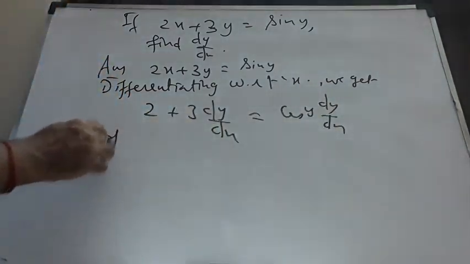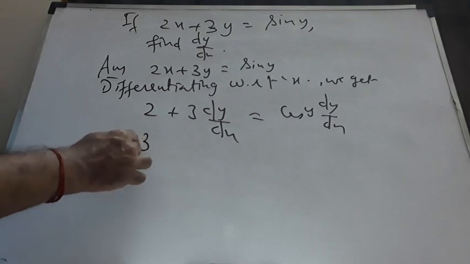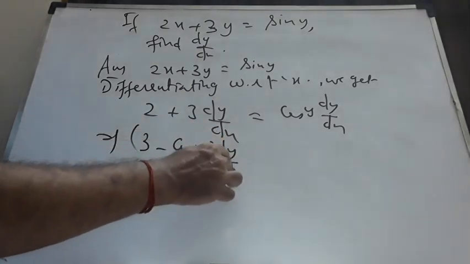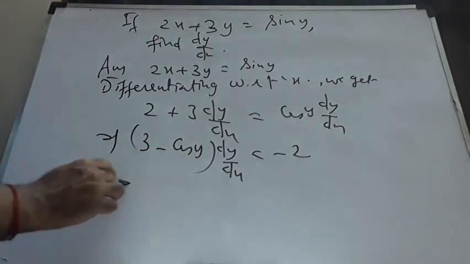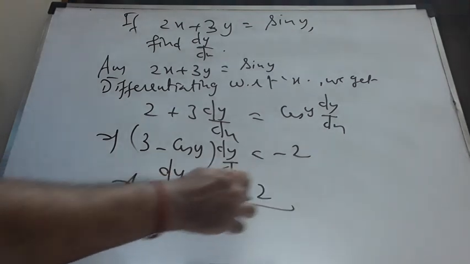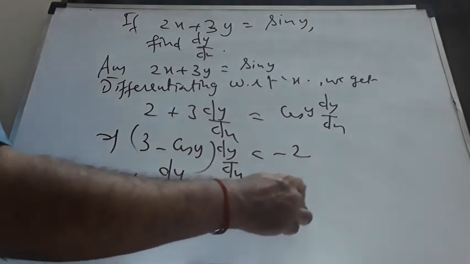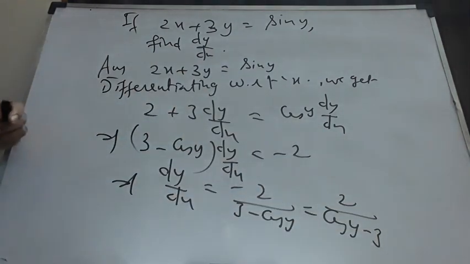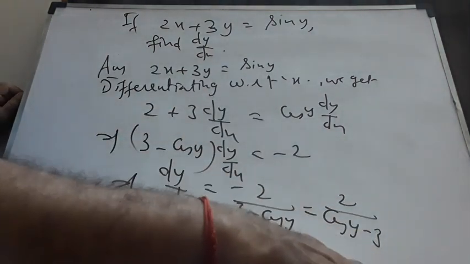That is the meaning, which implies 3 minus cos y into dy by dx is equal to minus 2, which implies dy by dx is minus 2 by 3 minus cos y, or 2 divided by cos y minus 3. Let me just check.